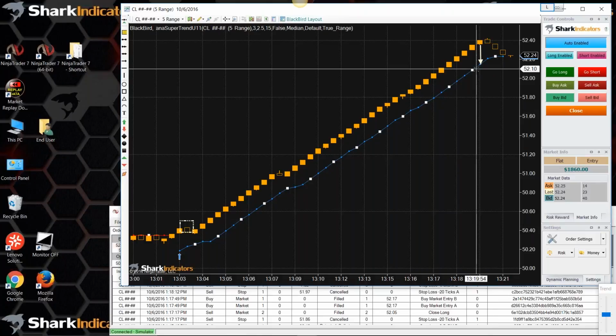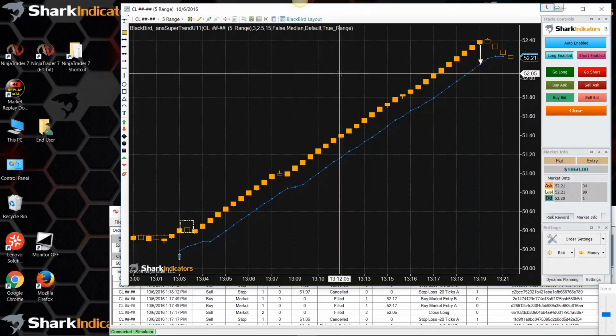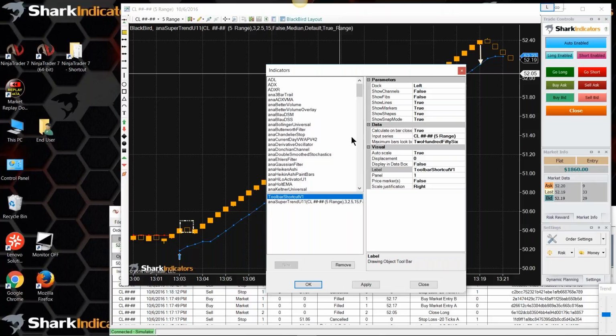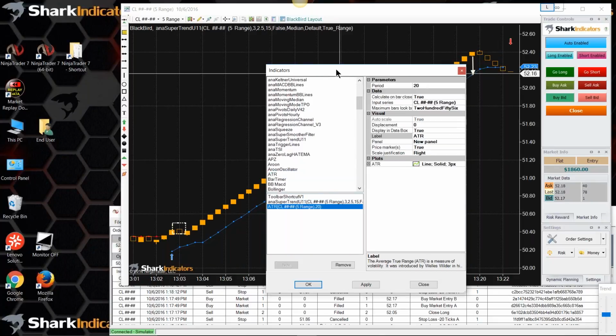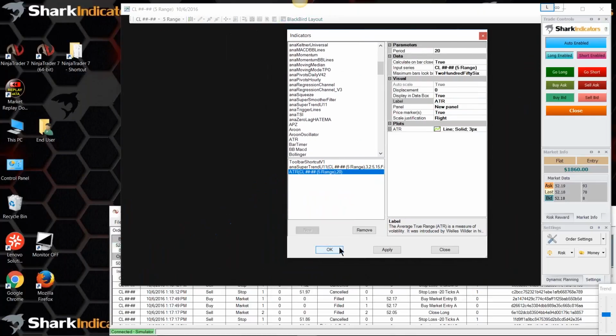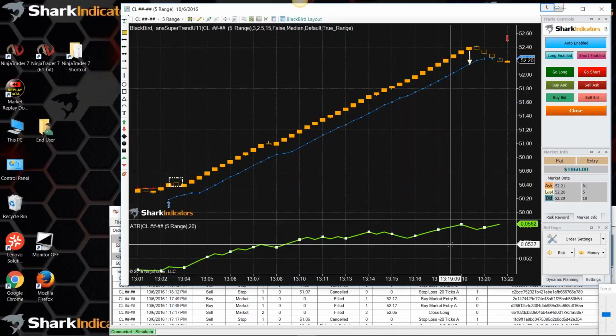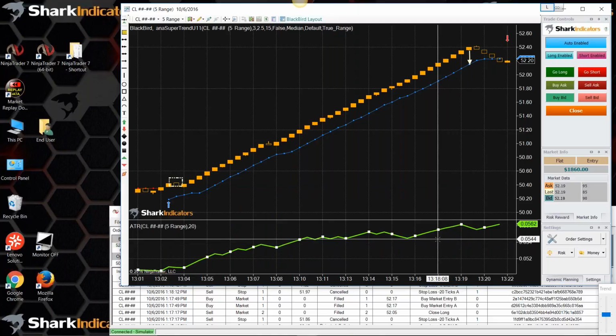Basically, you would have to rewrite the anaSuperTrend indicator to work as a generic stop loss offset indicator. For example, let's go back to the ATR again. The ATR is a non-directional indicator.